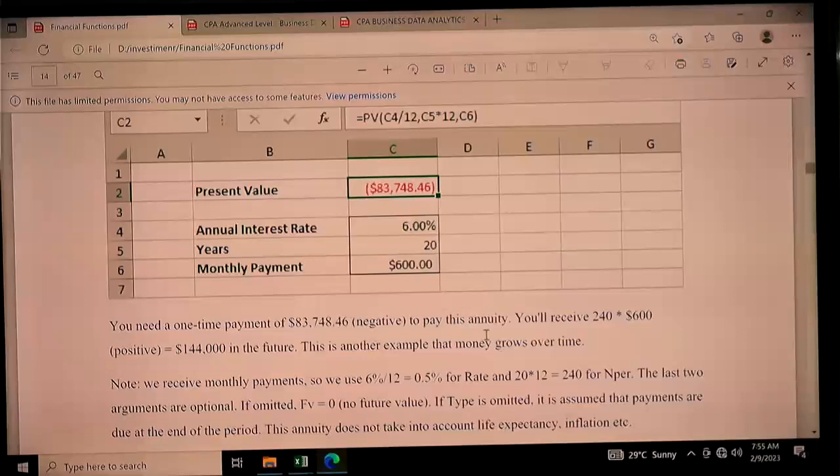Because if you pay this, you will receive 2240 times this amount in the future, if you are to compute the future value. So this is another example that money grows over time.